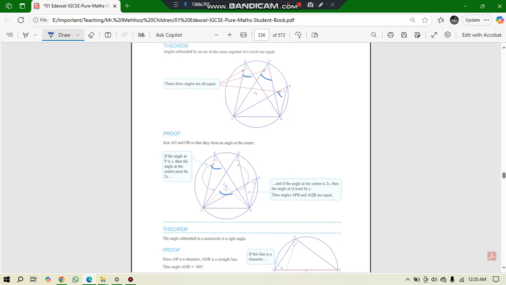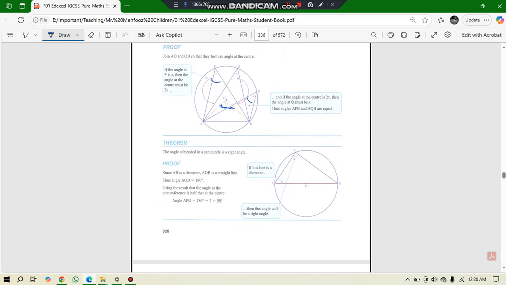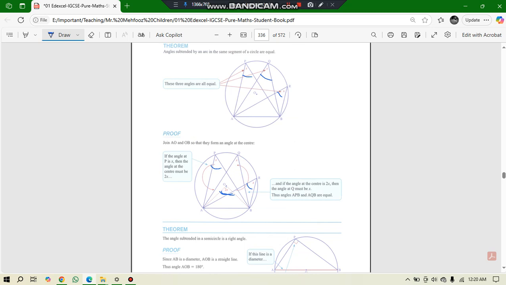Again, the angle at Q is x, so the angle at the center is 2x. The angle at R is x, because all angles are generated by a single arc or a single chord. It means that all the angles are the same. So this is a small theorem using the previous results.